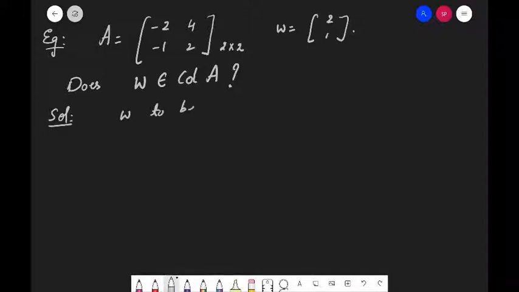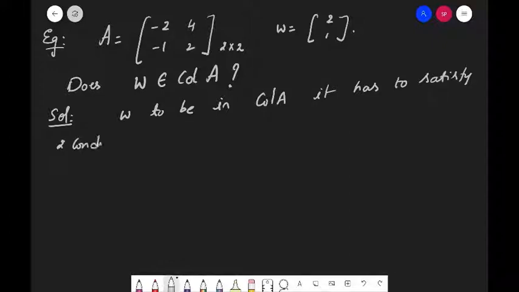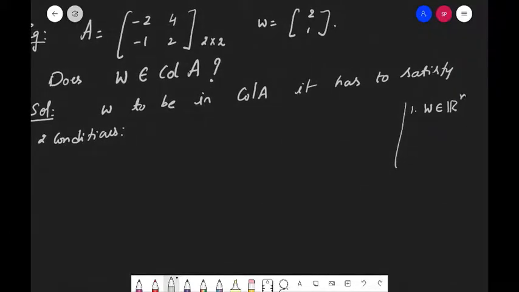Then what are the two conditions you have to check for a vector to be in col A? For W to be in col A, it has to satisfy two conditions. So what are the two conditions? Just let me write here. The first one, W should belong to Rm, if the matrix is an m by n matrix.